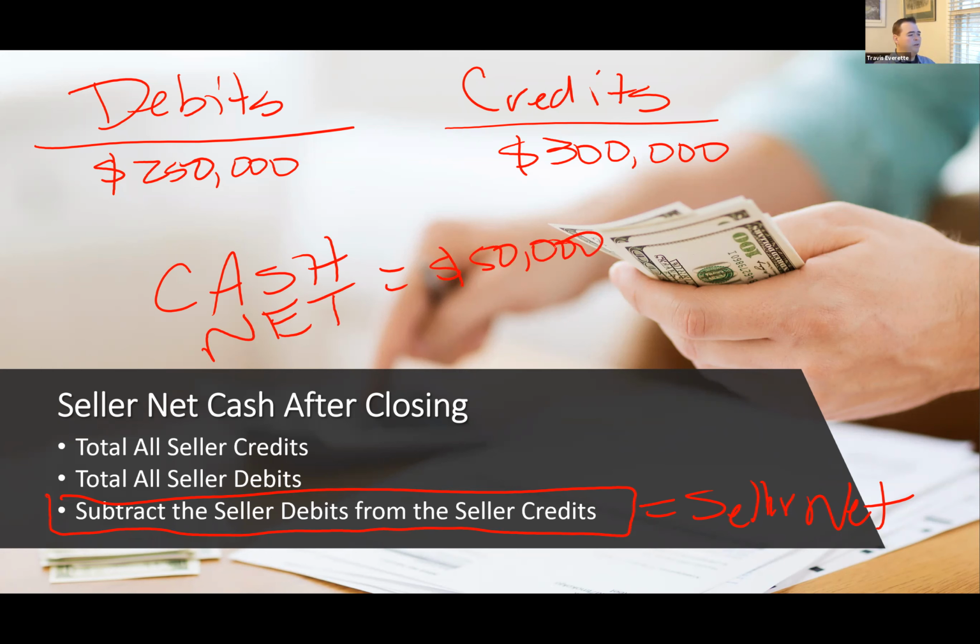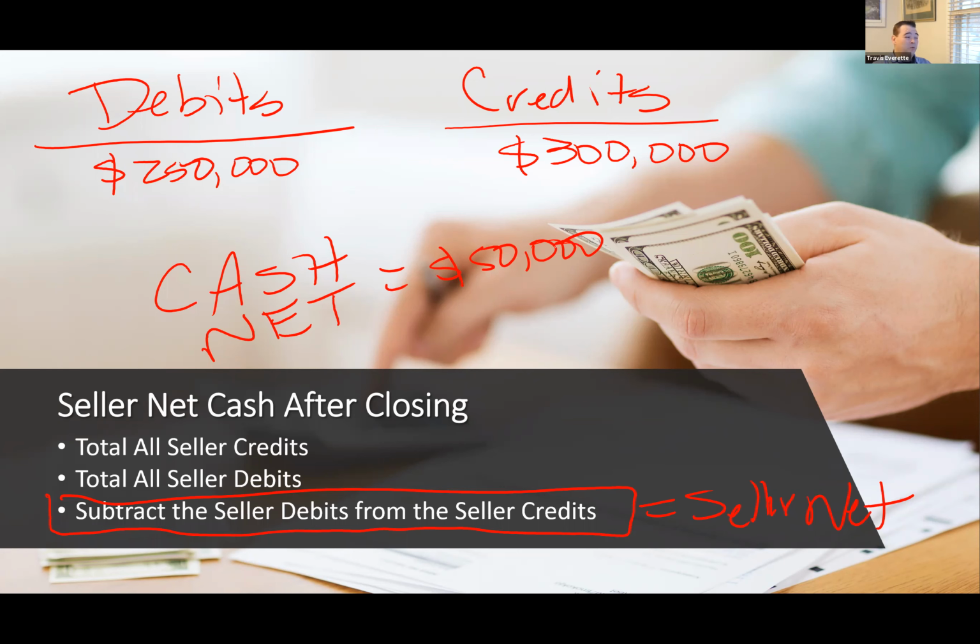Those are just hypothetical numbers, but that's the way a seller net is going to work. So the key, because the math is super easy, it's just subtracting. The key is making sure you know which things are debits and which things are credits. And that's pretty easy to understand from the seller's perspective.